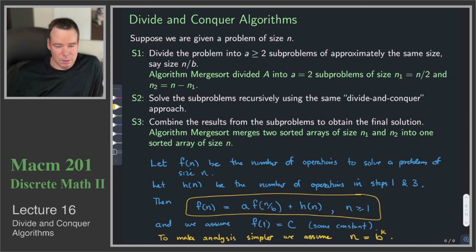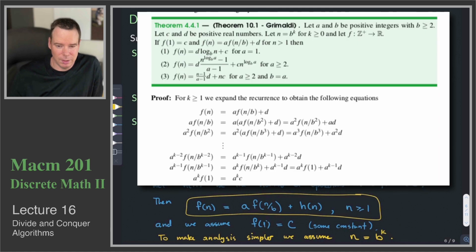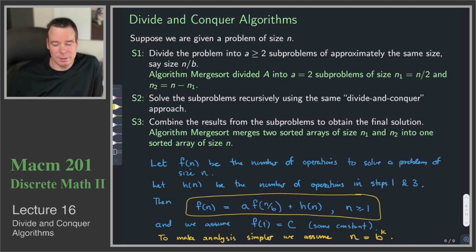Now, in the notes that I alluded to at the start of this lecture, we have provided a full solution to this recurrence relation, and you can look through that for the full details. We've given what's essentially the fundamental theorem of divide and conquer algorithms. It tells you for any divide and conquer algorithm, this is the cost of running it. We've written out the solutions based on the cases of how a and b are related to each other. However, in this lecture, we'll just go and do some examples.